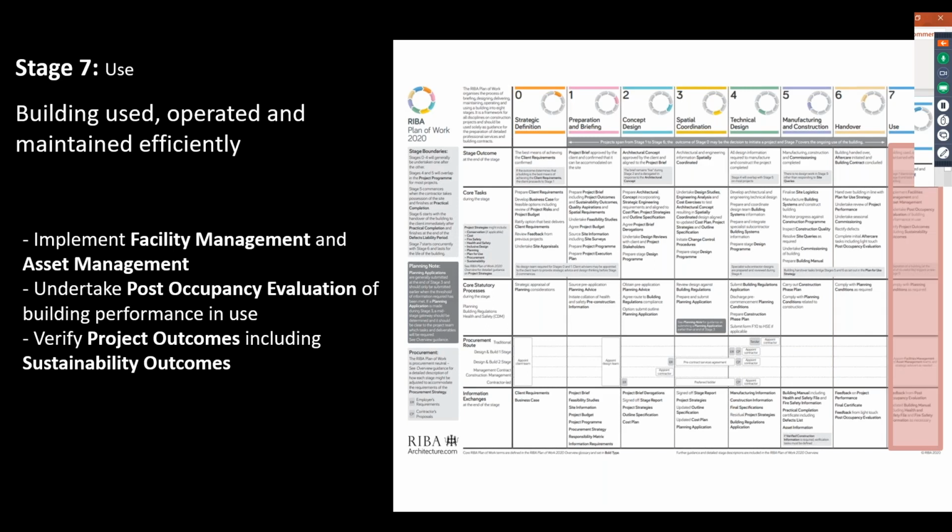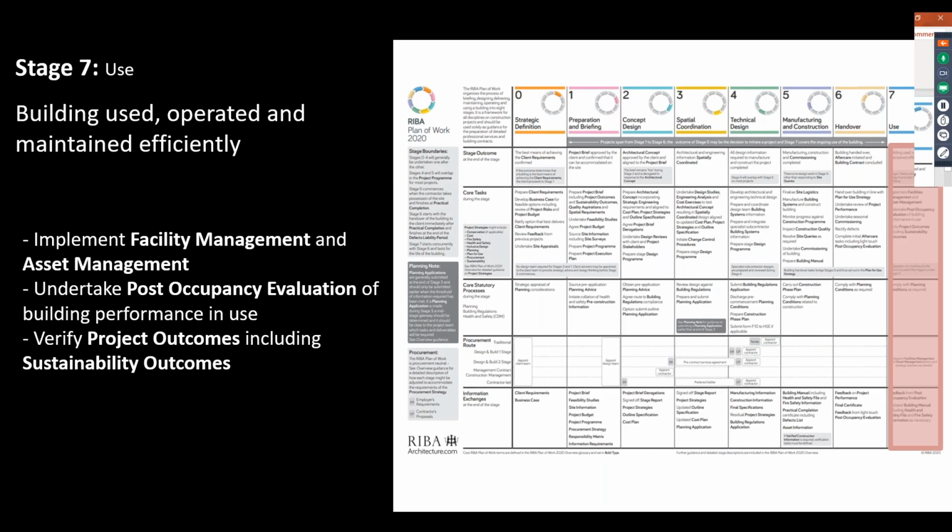And then of course, stage 7 is simply the period of time when the building is used. So strictly speaking, it's from building handover right through to when the building might be refurbished or demolished and put into a new life. And of course, the key things happening then are all the facility management and asset management. There will be regular post-occupancy evaluations, so the client can ensure that the building is performing as intended, and the client may continue to look at the project outcomes and if these are being achieved.